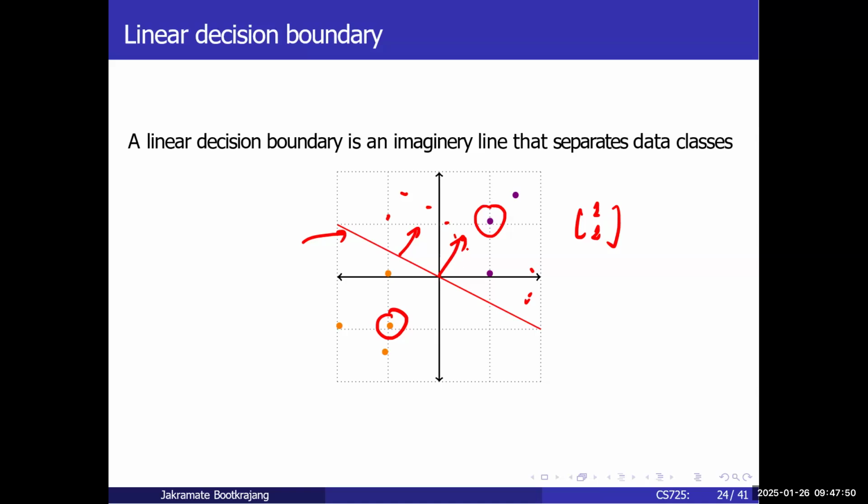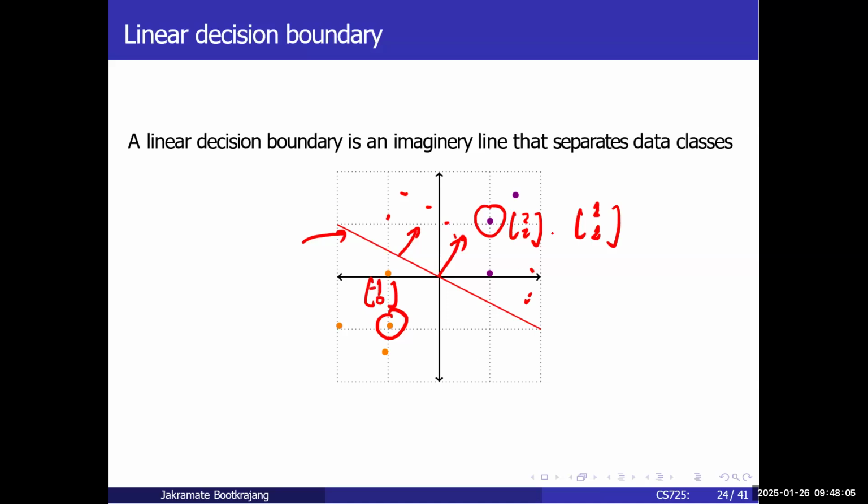For example, you have 1, 1, and then you have 2, 2 here, and let's say this is negative 1, 0.